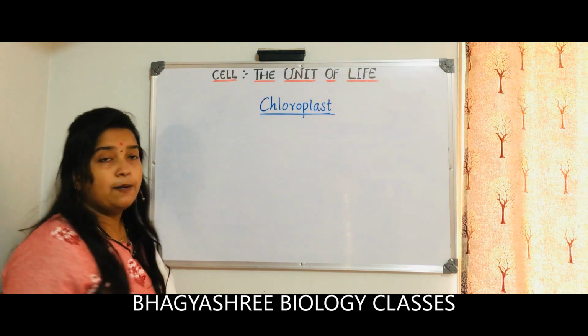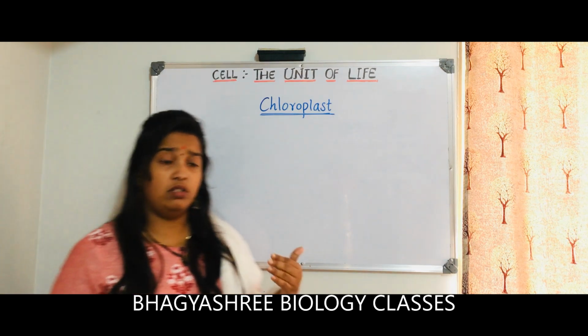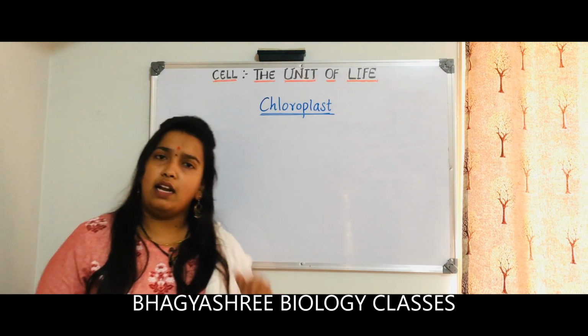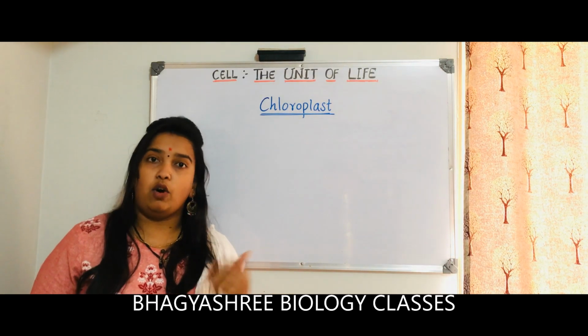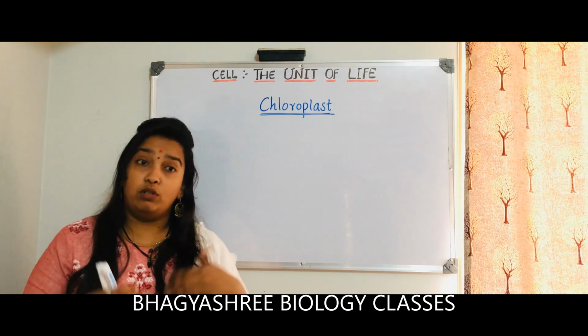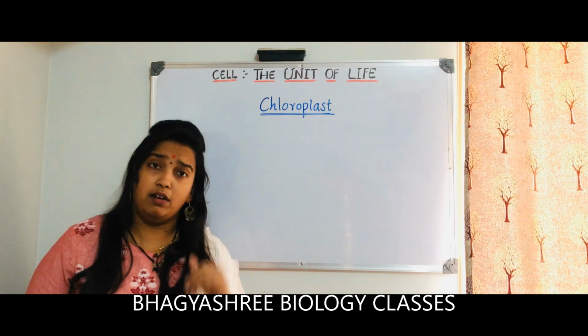So chloroplast is usually found in plant cells, and you might ask me, if it is important for photosynthesis, then there are some prokaryotic organisms like bacteria which are autotrophic in nature and also photosynthesize. Then is chloroplast present in bacteria also?